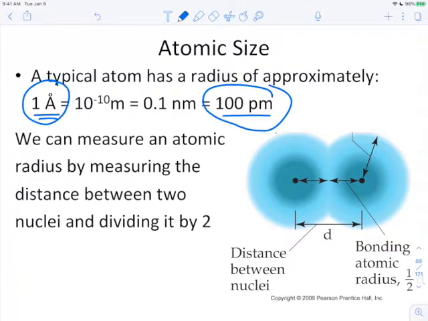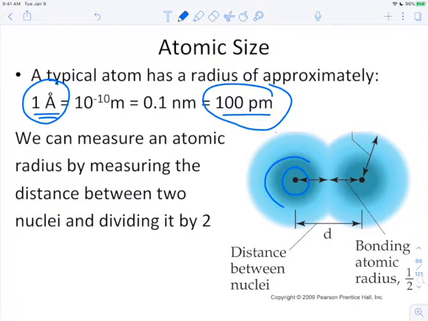So our atoms are extremely small, which you probably already knew. And we can measure the radius by measuring the distance between 2 nuclei and dividing by 2. So once upon a time, when we had just started this chapter 7 and 8, I talked to you about how we can use X-rays to actually find out where our atoms are. So X-ray crystallography, we're going to shoot X-rays at these atoms, and what's going to happen is those electrons are going to radiate out in kind of circles here.